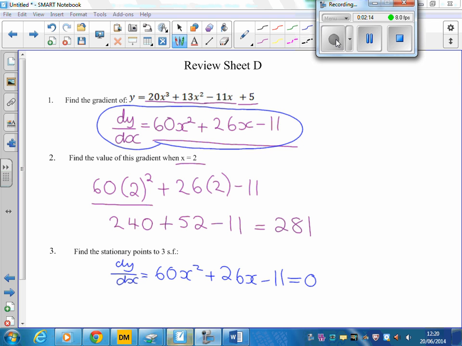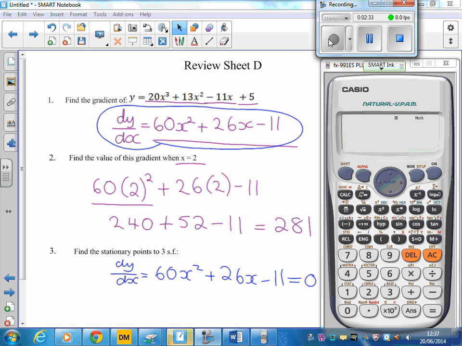Remember, you need to include the dy/dx equal to 0 in order to get the mark in the exam. Now there's a clue in the question. It says to 3 significant figures, so we're not going to be able to factorise it. So let's use the Casio calculator in order to answer this.